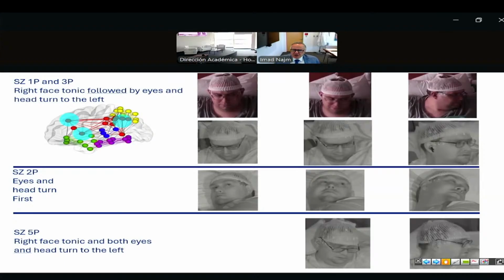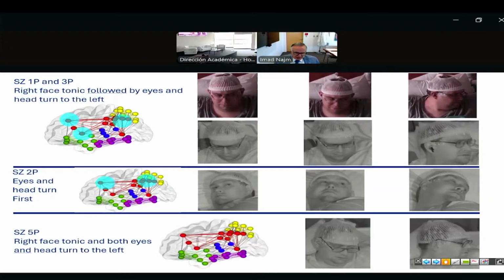You may invoke the superior longitudinal fasciculus and the two areas connecting the intraparietal sulcus with the frontal eye field. Now, with eyes and head turning first, basically here we're invoking mainly the eye motor area with its connection through the superior longitudinal fasciculus to the intraparietal sulcus. Now, right face tonic and both eyes and head turning left, basically here you can conceive all three areas activated almost at once.